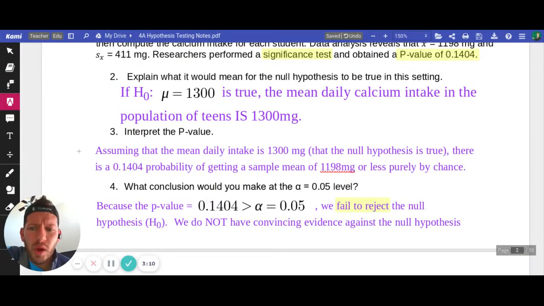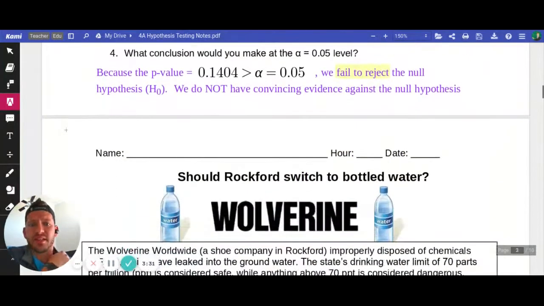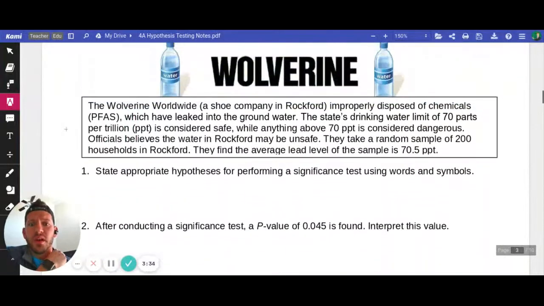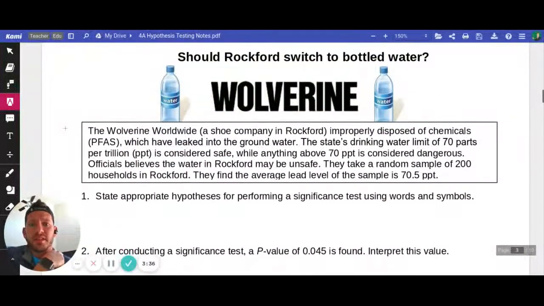If we got something like 1% of the time, or close to 0% of the time, that we would end up with this 1198 or less, then we would say, all right, something's weird, and we should say this is significant evidence against the mean being 1,300. We will get there probably next class, not this class. This class, we are talking more about hypotheses and type 1 and 2 errors.